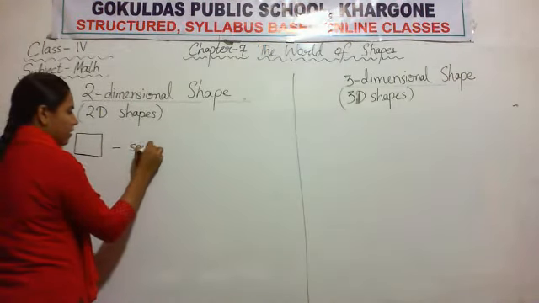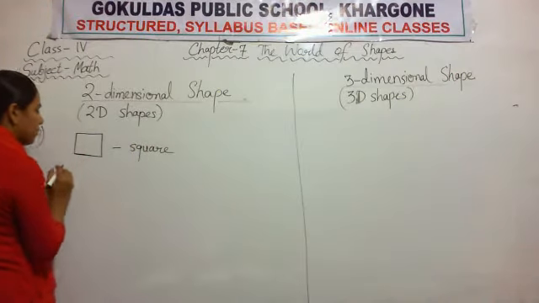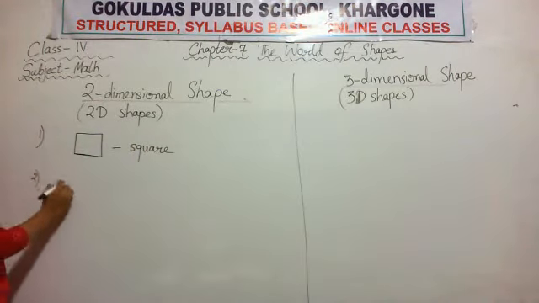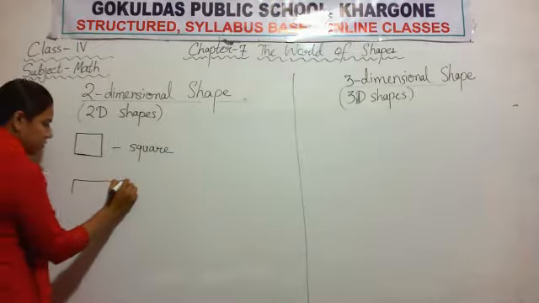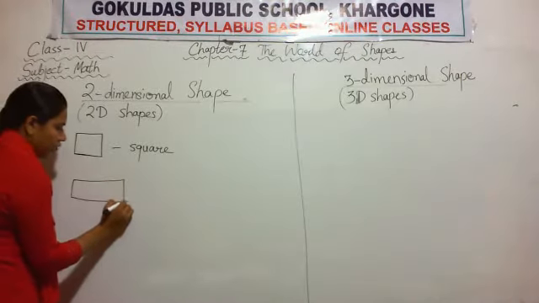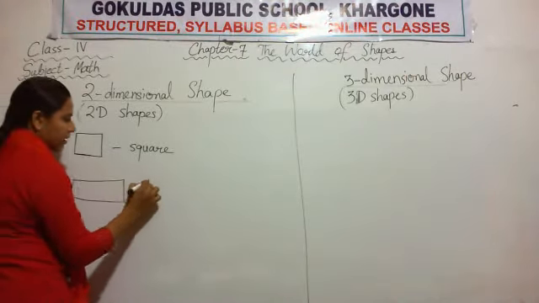It is a square. The name of this shape is square. Next, a quadrilateral, or I can say rectangle.